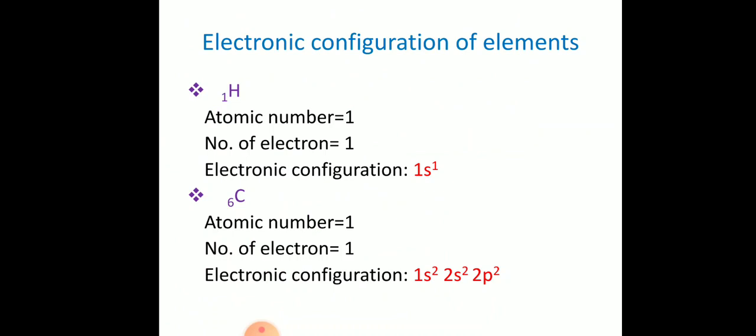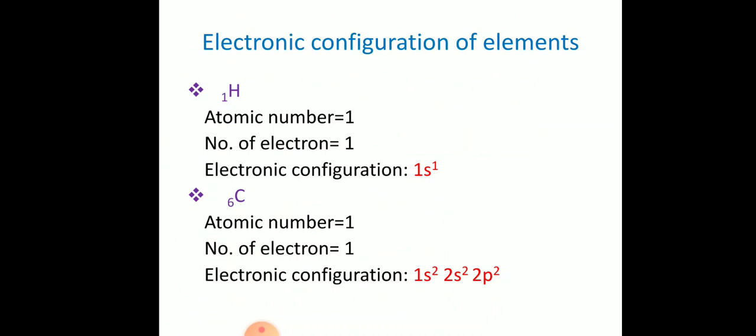And if it is 3 electrons, then you write 1s2 and then we go for the next orbital. Why? Because the s orbital can accommodate a maximum of 2 electrons, not more than that. So if we have 3 electrons, we write it as 1s2, 2s1.